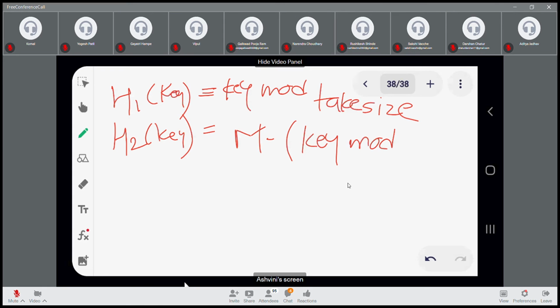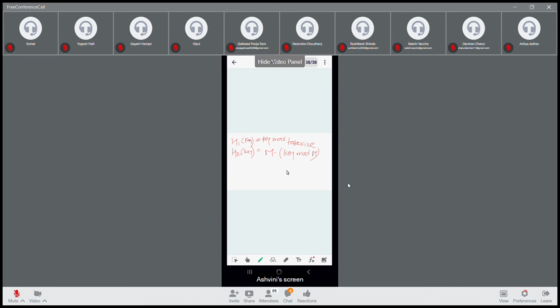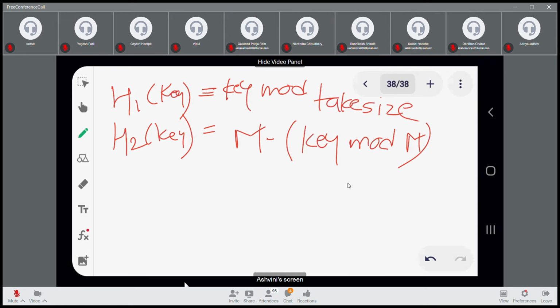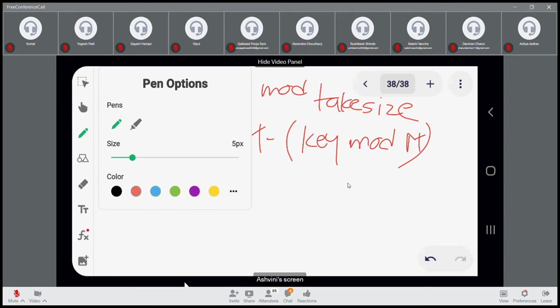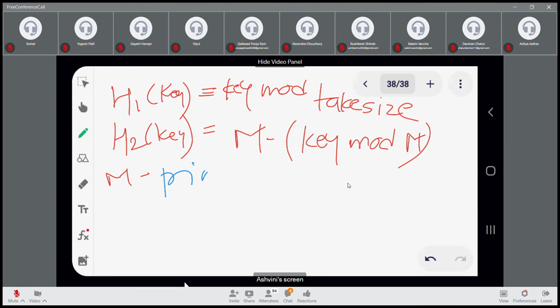Now here, what is the value of m? Here m is a prime number smaller than the table size. Just note this thing: m is a prime number smaller than the size of the table.